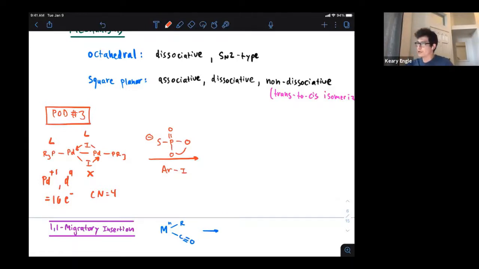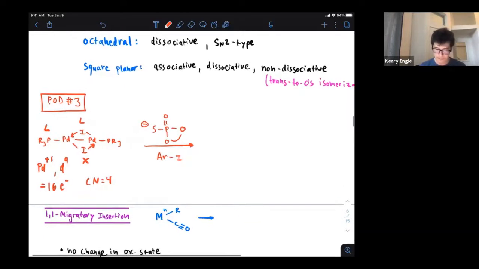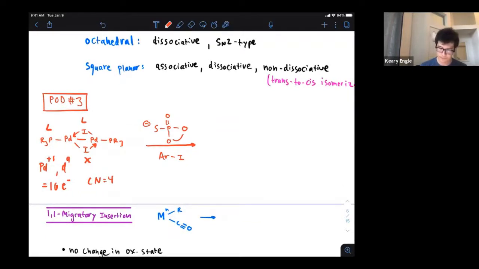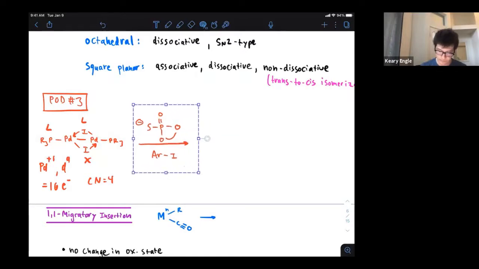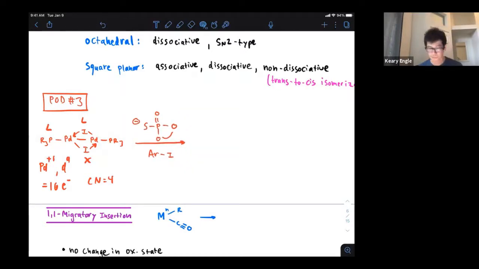Okay, and what about B? So there's this observation that the monomeric versions of this catalyst don't affect this transformation. So Stone, what do you think for mechanism here?